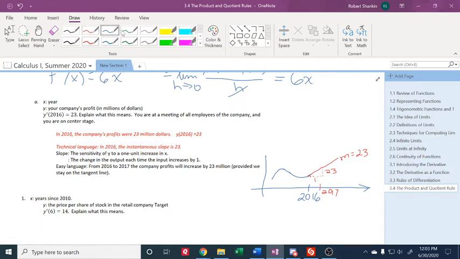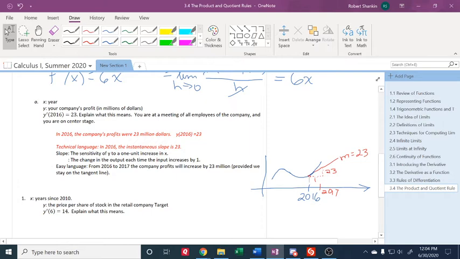Okay. Now, the actual situation is probably, it's not going to stay exactly on the tangent line. Maybe this trend of going up will continue to grow up and it'll go up even more. Maybe it'll reverse and come down. But provided the latest trend keeps going on, the company's profits will increase by 23 million, provided we stay on the tangent line.